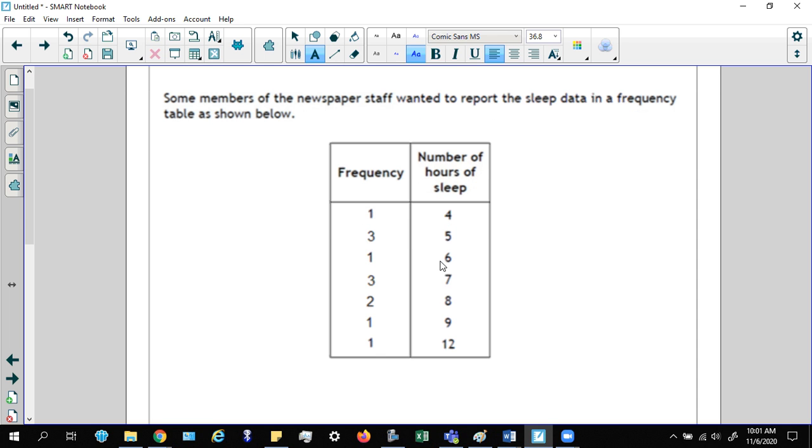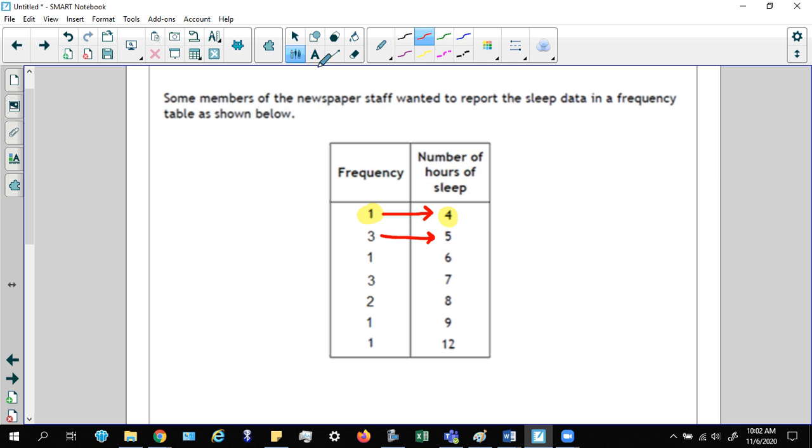The next one is the frequency. Again, same exact thing. The frequency just tells you, like, a frequency of 1 for 4. That just means there's going to be one 4. All right, so that's all that means. So there's going to be one 4, three 5s.